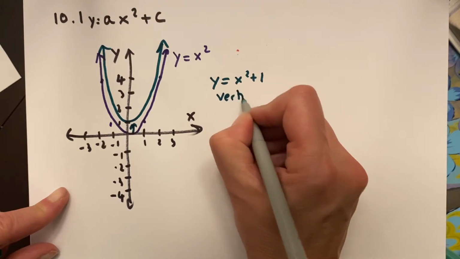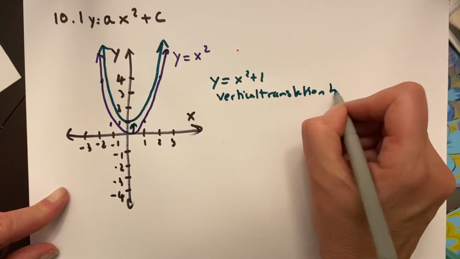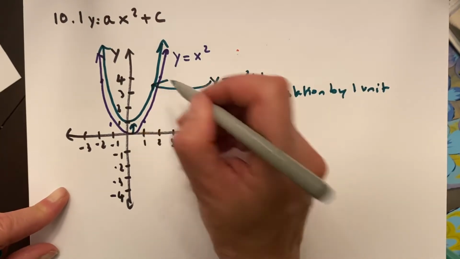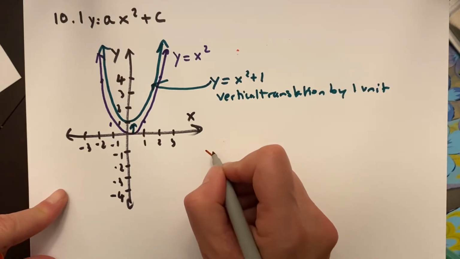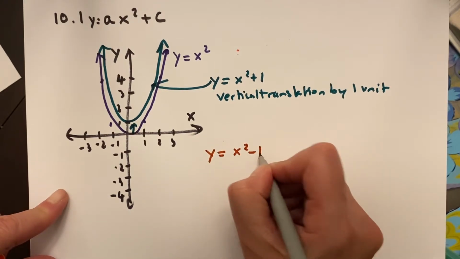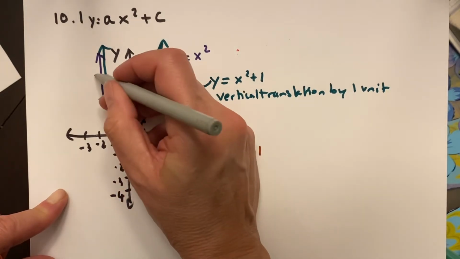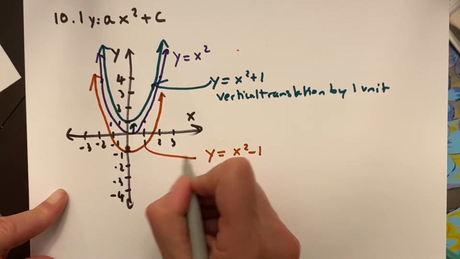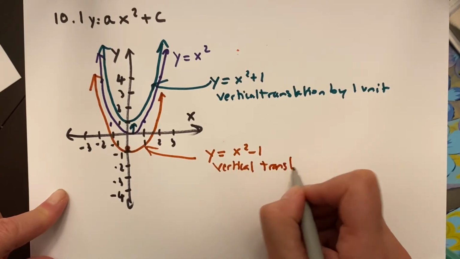It is a vertical translation by 1 unit. So this green function here is going to be a vertical translation by 1 unit. It's going up by 1. And if I had the same function y equals x squared minus 1, it would be the same thing, just down here, same shape and all that, and be a vertical translation.